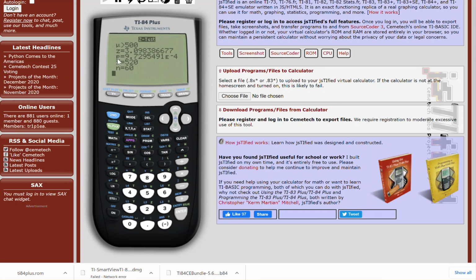The p-value will be 0.00097. All right, and then in this case, you use the sample mean as 520, and then you have the sample size 60. All right, so in this case, your p-value is less than the alpha, right? Because your p-value is so small, so that you can reject the null hypothesis. That means there is enough evidence to support your alternative hypothesis, right? So that will be your conclusion.